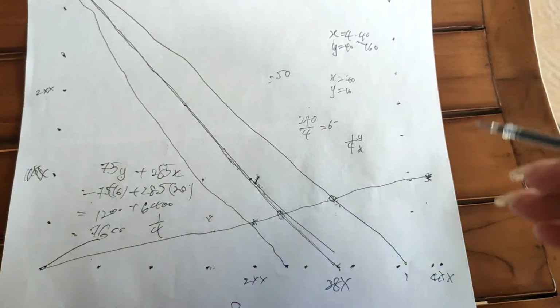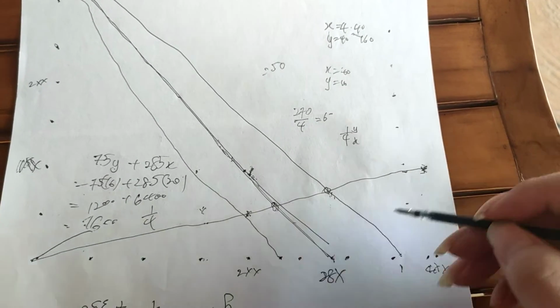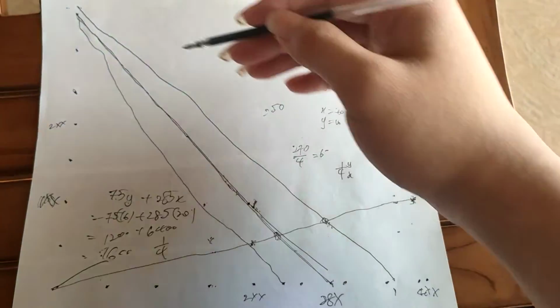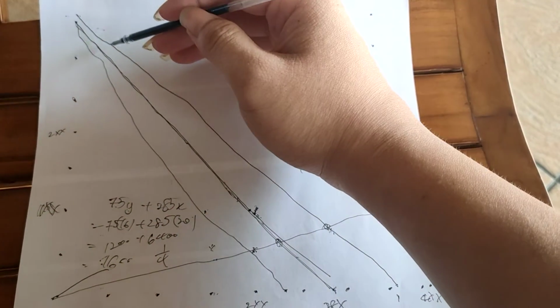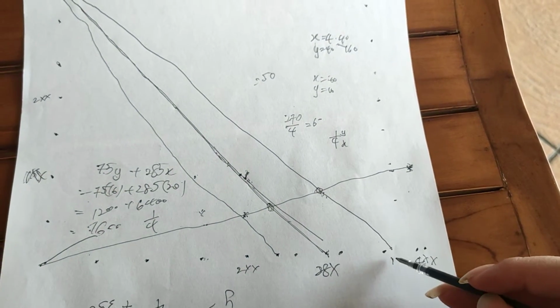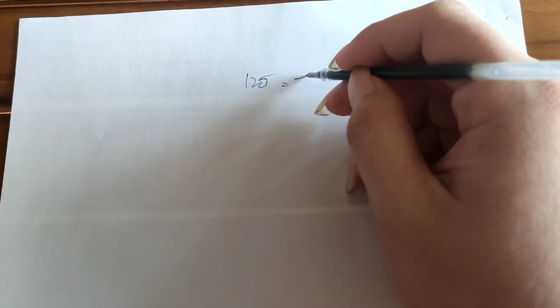So this is the 100 point, and this is a 280 point from the 350 point, and this outer line is 360 and end in 360. So the price is 125 in 50 is 50.